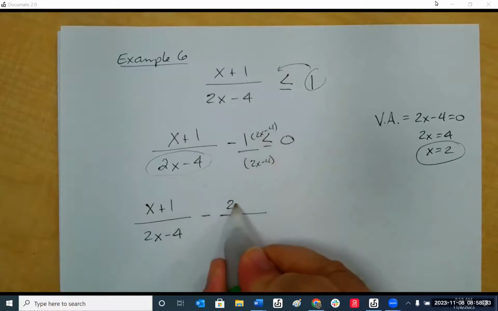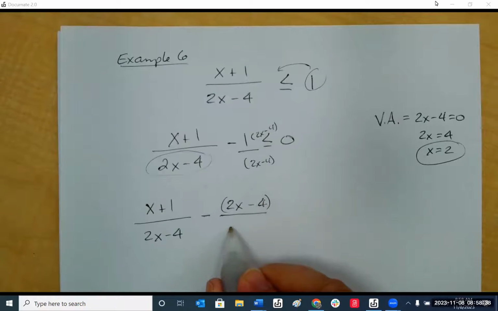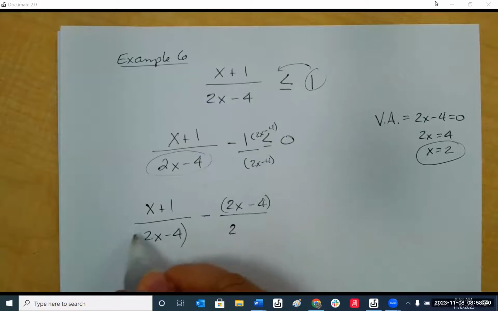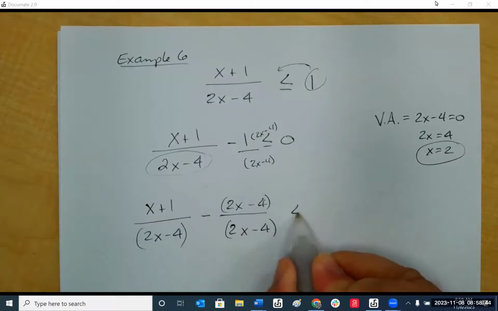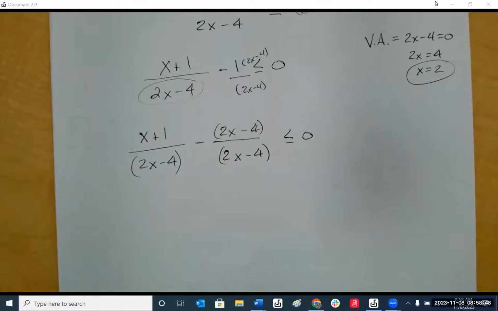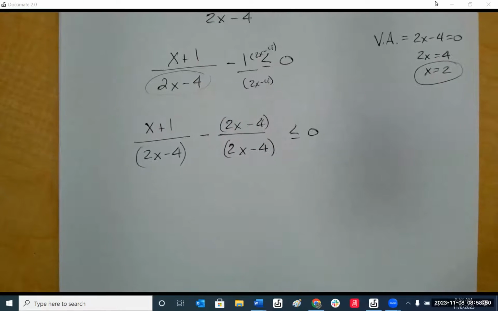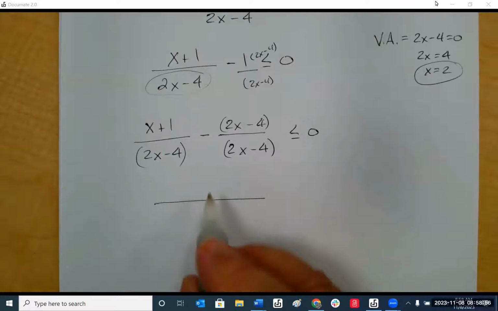One times 2x minus 4. We did that. Now we have a common denominator on the bottom.